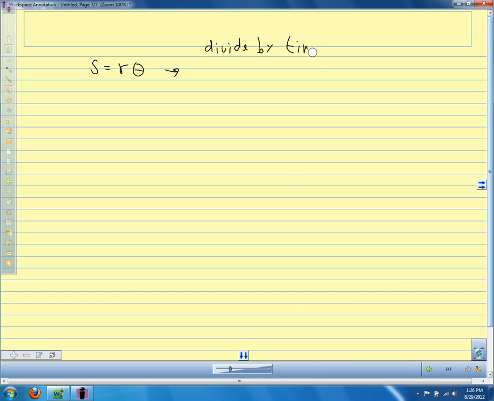Because distance equals rate times time, so we're talking about our velocity. Divide by time, so I get S divided by t equals r times theta divided by t.